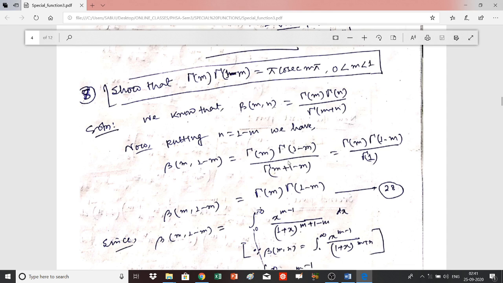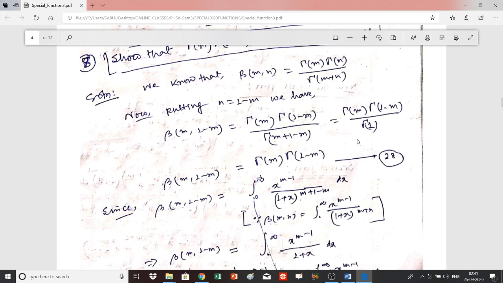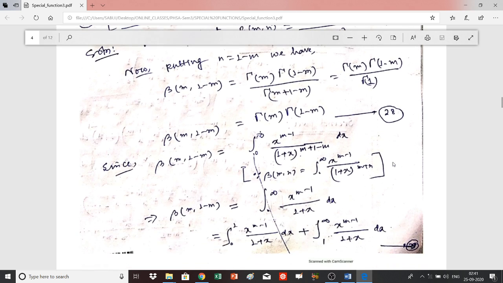You can think of either of these two ways. So that is equal to gamma m and then gamma 1 minus m, and this m will cancel and then gamma 1, and you know that gamma 1 is equal to 1. So beta m, 1 minus m is equal to gamma m and gamma 1 minus m. This is equation number 28.